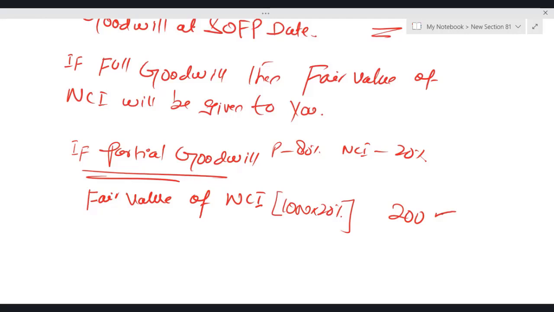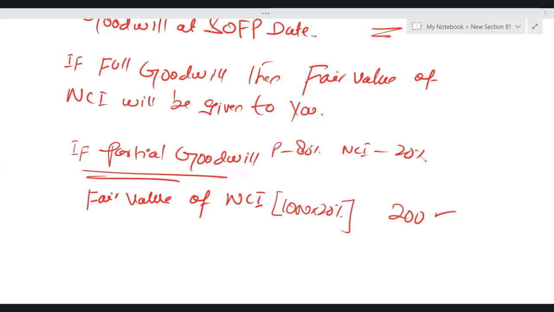I hope it is clear to everyone. What should be done in case of partial goodwill and what to do in case of full goodwill? Students, please reply. I hope this is clear to everyone. Okay, that's great.